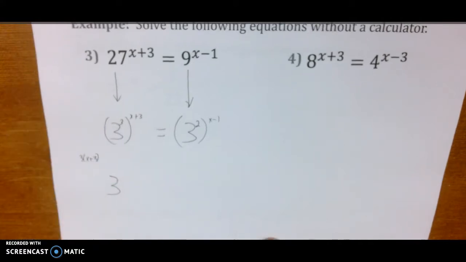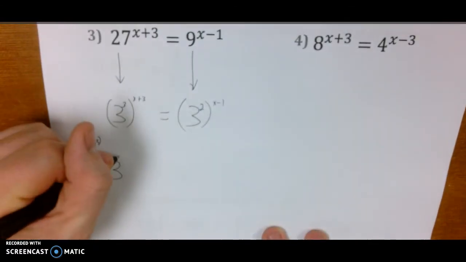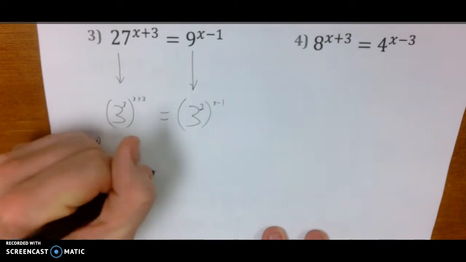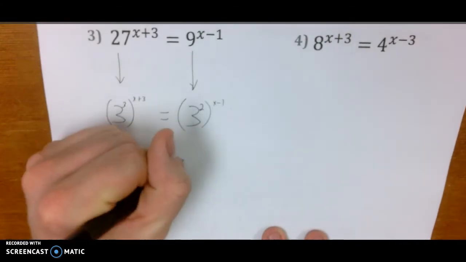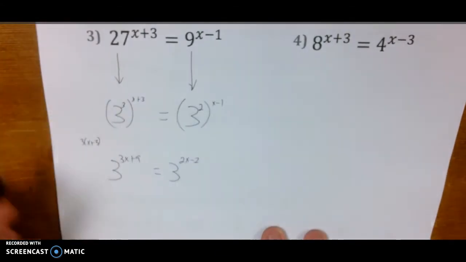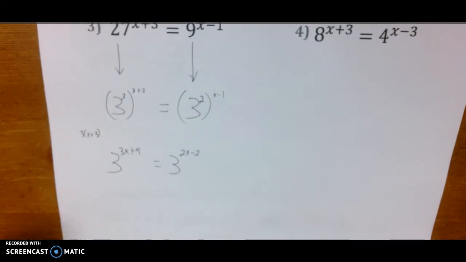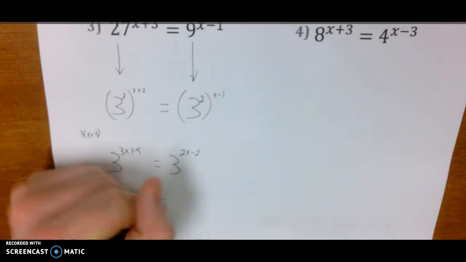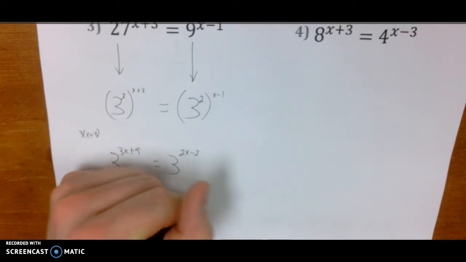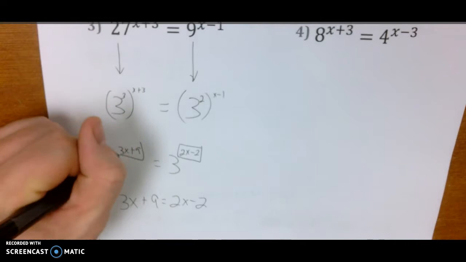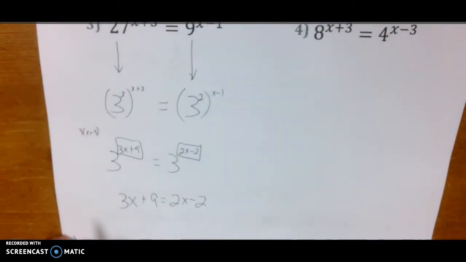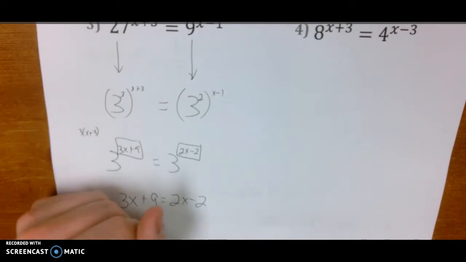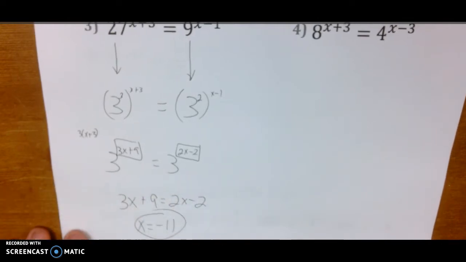If I distribute that in there, that would be 3x plus 9 equals 3 to the 2x minus 2 power. Well, to solve this from here, set the exponents equal to each other. 3x plus 9 equals 2x minus 2. Again, setting these exponents equal to each other. We'll move the 2x to one side, the 9 to the other. We're going to get x equals negative 11. Yeesh.